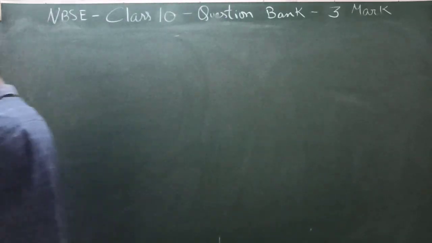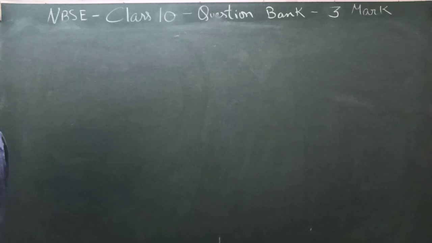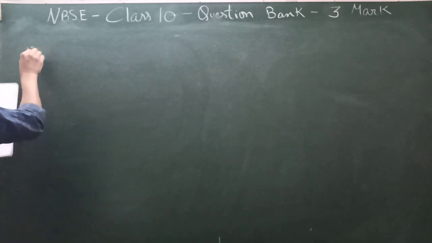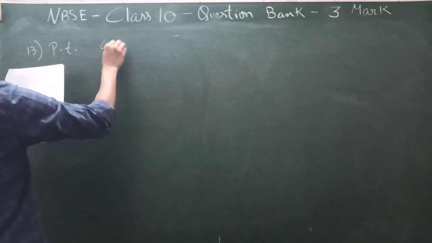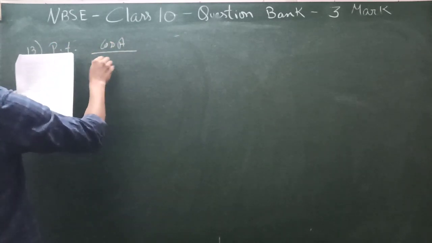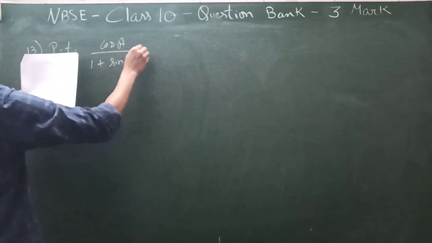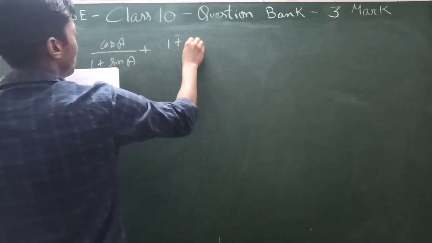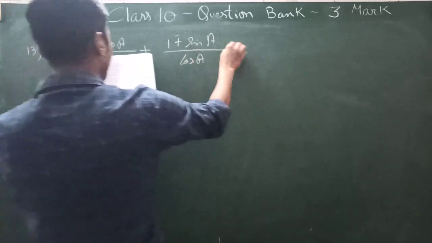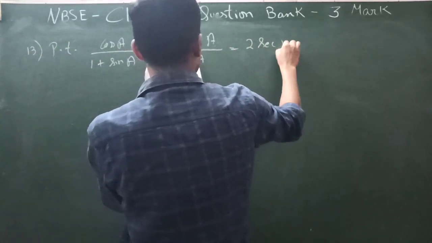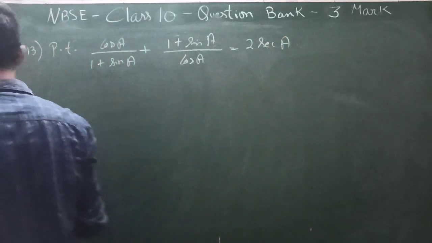Alright, moving on to the next question, 13. Again, prove that cos a by 1 plus sine a plus 1 plus sine a by cos a is 2 sec a.